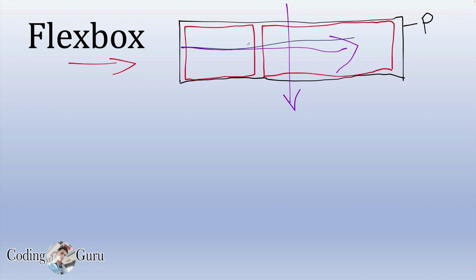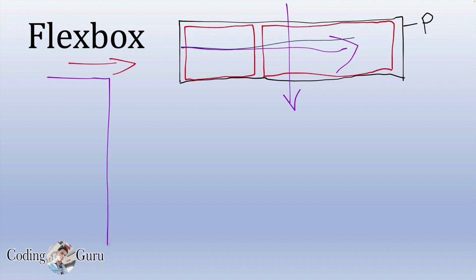Maybe you have a question: why do we need axes when we are giving a flex basis? If the main axis is horizontal, the flex basis becomes width. When we give flex direction column, the flex basis becomes height. I will show you later on.